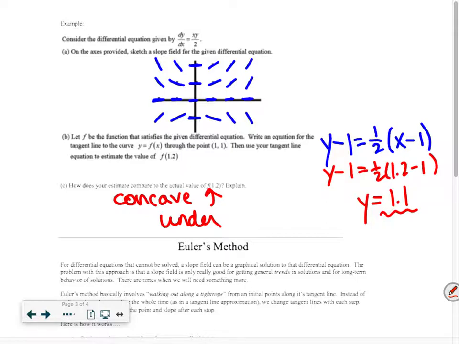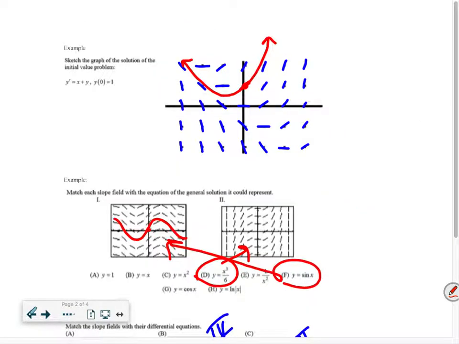Okay, so here's the deal. This one, you know how to separate variables and solve them. We'll review it tomorrow. We can separate variables and solve for that solution. Here, we cannot separate x and y and take the antiderivative because x and y are being added together. Okay?